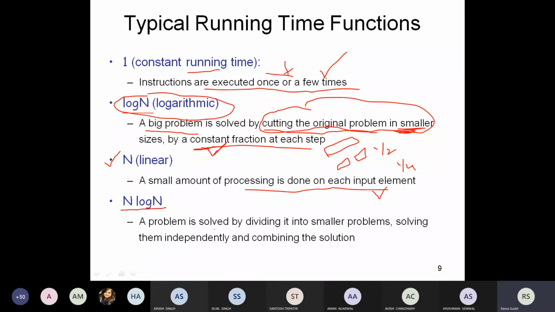A problem is solved by dividing it into smaller problems, because it is logarithmic, and how n is there: solving them independently and combining the solution. When there is no relation in the divided parts for processing, then those types of problems you may find having the complexity n log n.